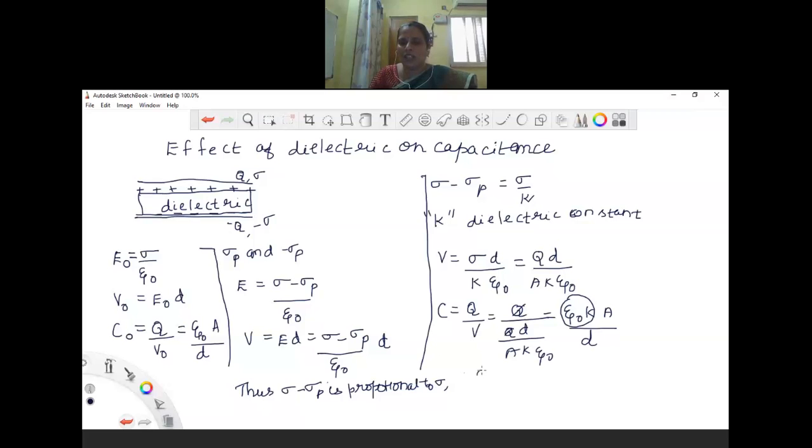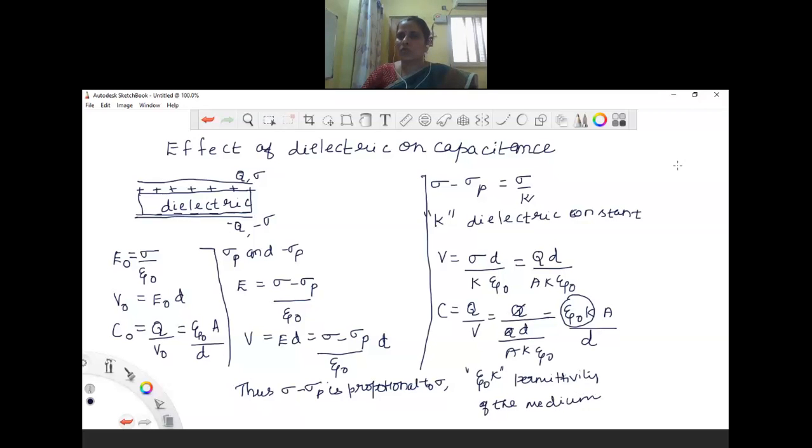So I'll write here epsilon naught K is the permittivity of the medium, and it is denoted by the letter epsilon.